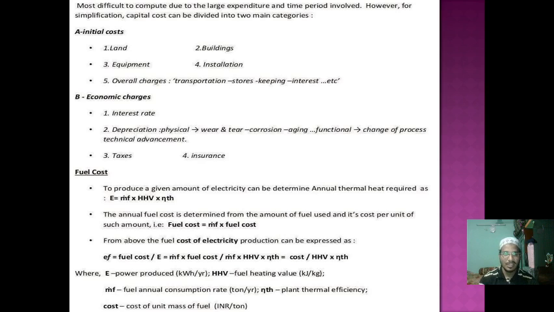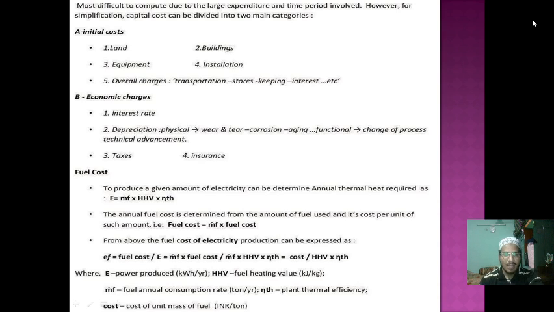If we purchase equipment and we don't know the installation procedure, then it is a waste for us. So installation will be there, and that person will take charges for the installation. Then the overall charges: transportation of equipment, storage, keeping, interest, electricity, light, electricity setup, equipment, and labor. These are the overall extra charges for the initial setting up of a power plant.